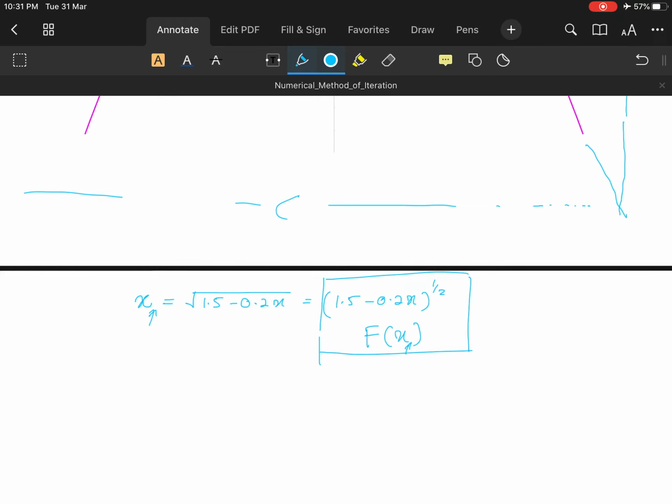So what we do, we're going to make use of this inequality. Other than using the graphical method, you can check this.